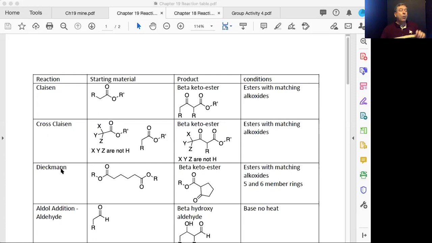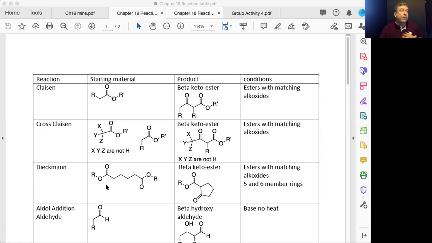So the only weird modification of that would be what we call the Dieckmann. And the Dieckmann is just an intramolecular ester Claisen, and that intramolecular Claisen still ends up with a beta keto ester, but we also have a ring, okay? So in our exercise today, we'll start talking about how we know what size ring we're going to make.